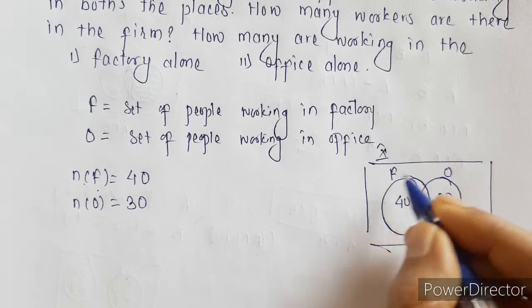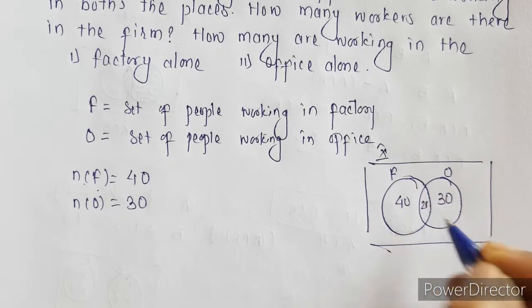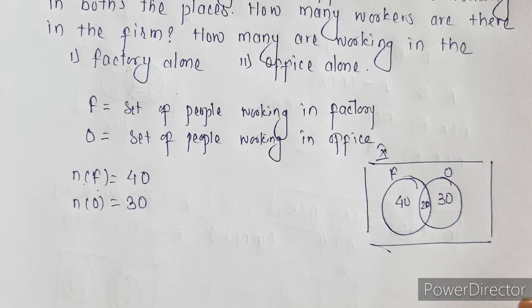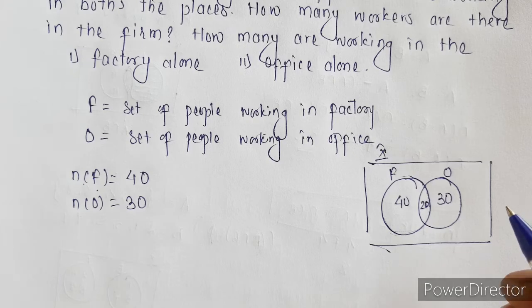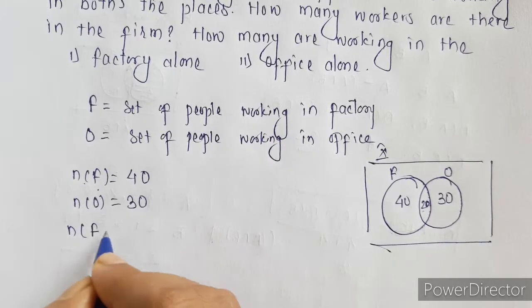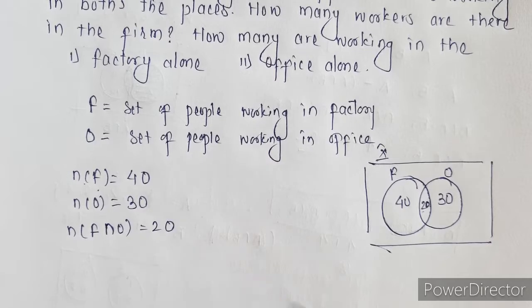But out of this 40, there are 20 who are working in both factory as well as office, and out of this 30, there are 20 working in both office as well as factory. So the number of people working in factory and office is 20.